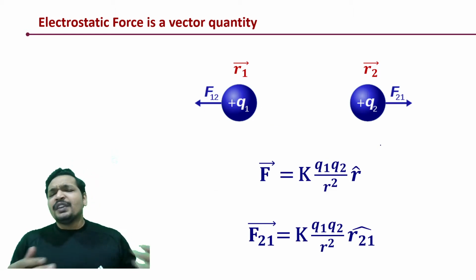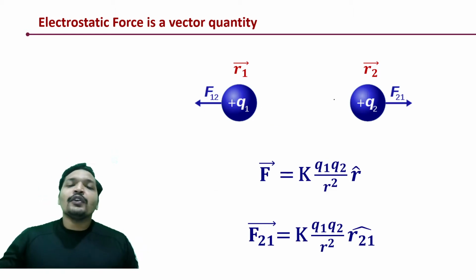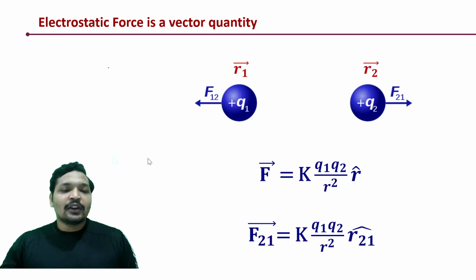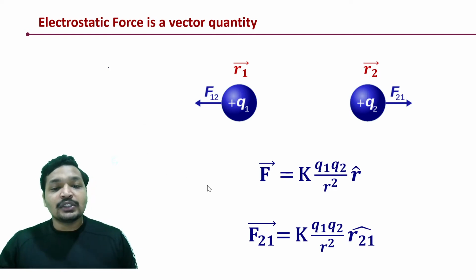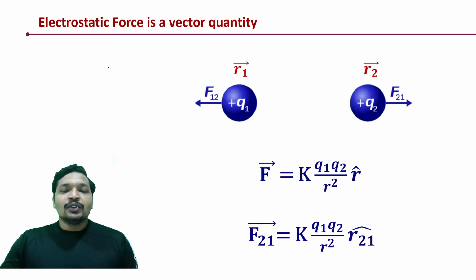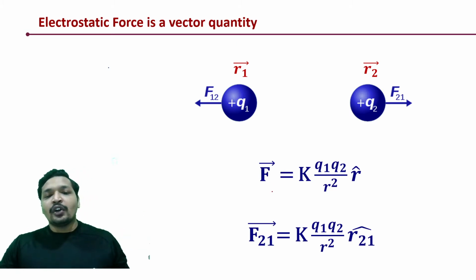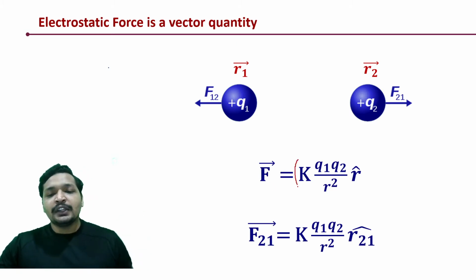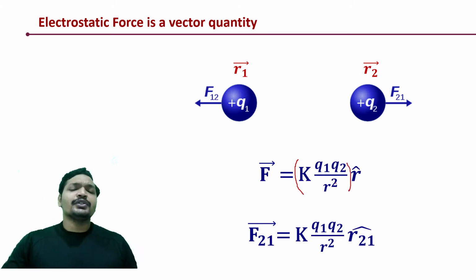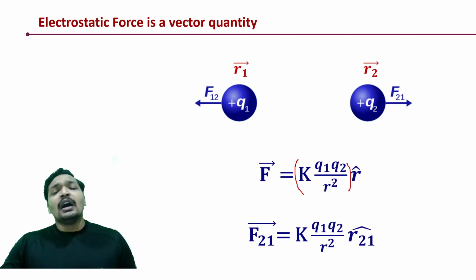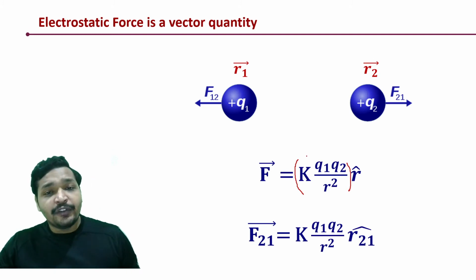Now we are talking about force. Force is not a scalar quantity, it's a vector quantity, so it must have some direction. Whenever you are getting this electrostatic force or any kind of force in mind, you should express it in terms of vectors.